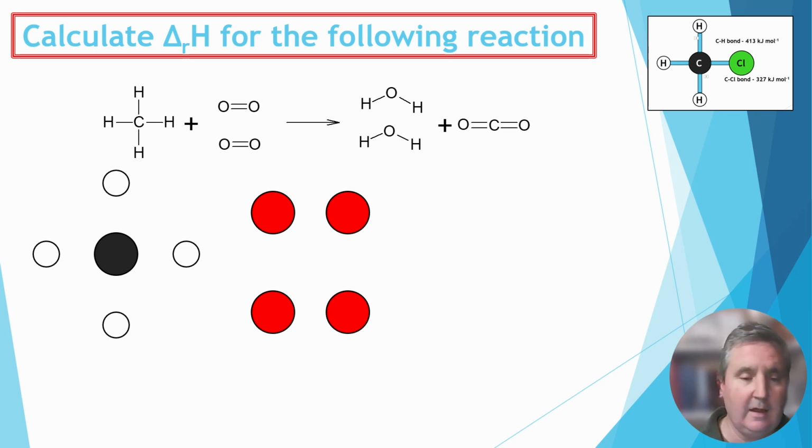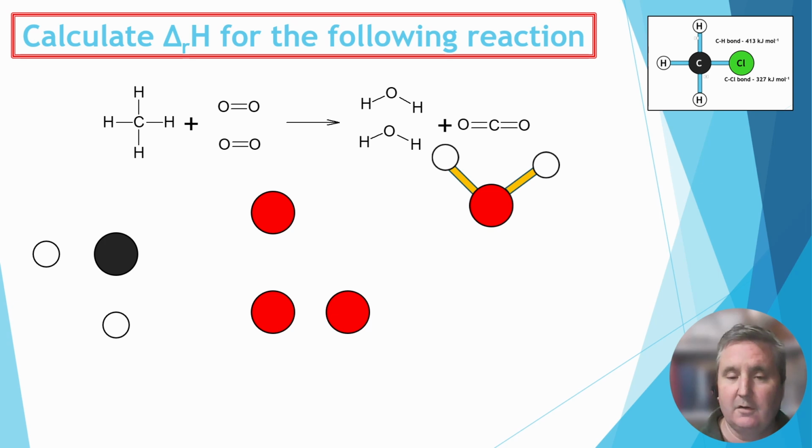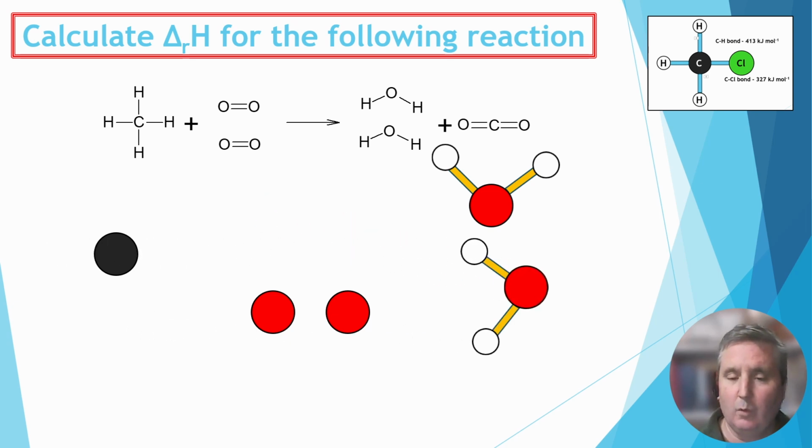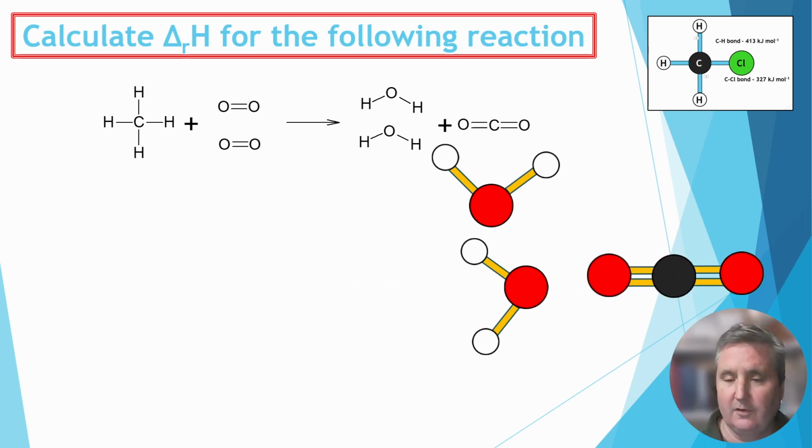We're then going to take the atoms and put them together in a different way. We're going to form a water molecule like this, and a second water molecule like this, and then with the last 2 oxygens and the carbon, we're going to form a carbon dioxide molecule. And notice we formed 4 oxygen to hydrogen bonds and 2 carbon to oxygen double bonds.